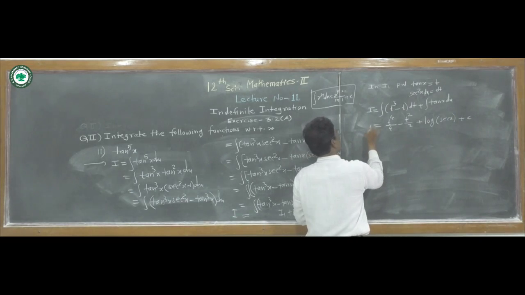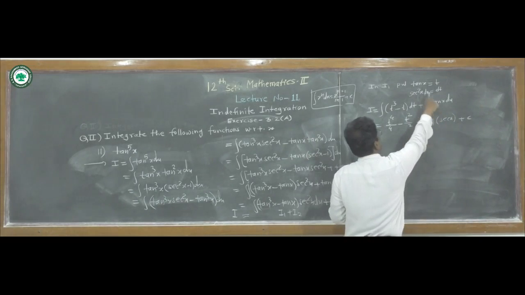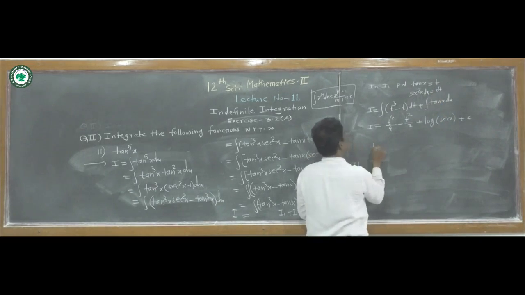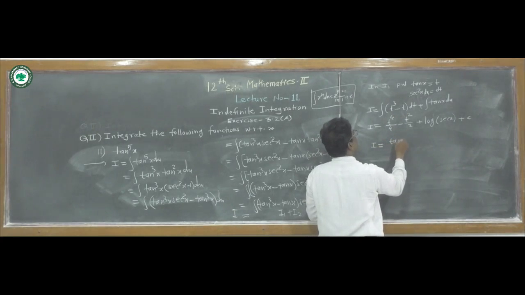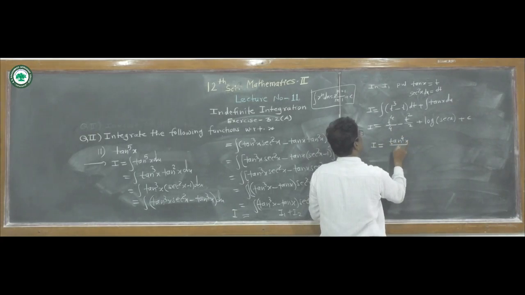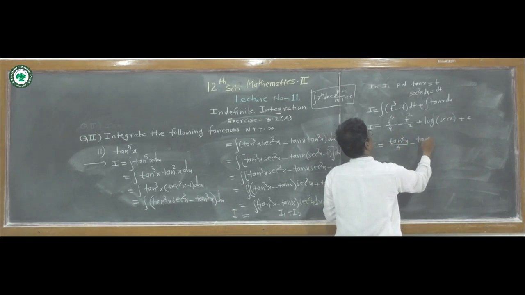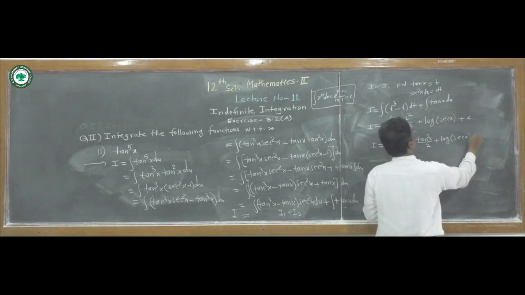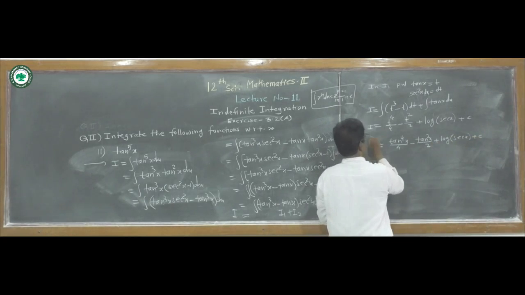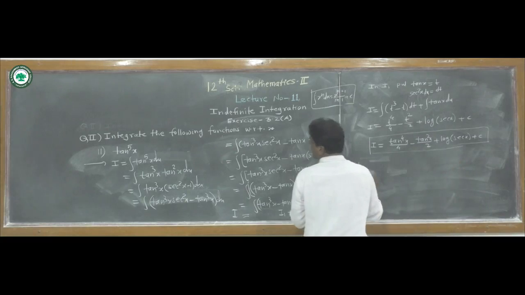So here put the value of t as tan x, and so I is equal to, final solution, I is equal to tan to the power 4 x upon 4 minus tan square x upon 2 plus log of sec x plus constant of integration. This is the final solution for this problem number 11.